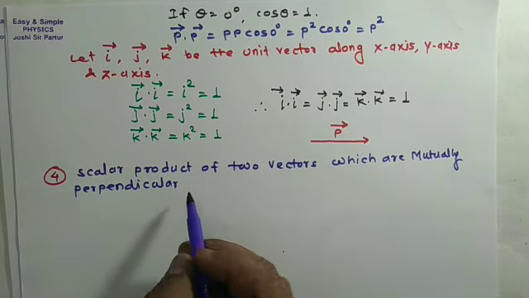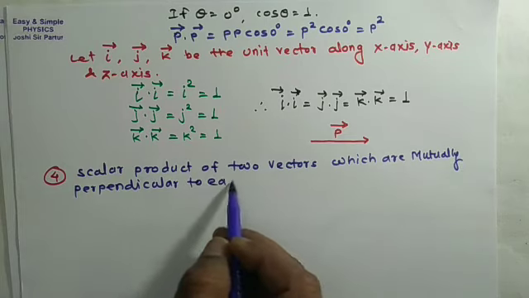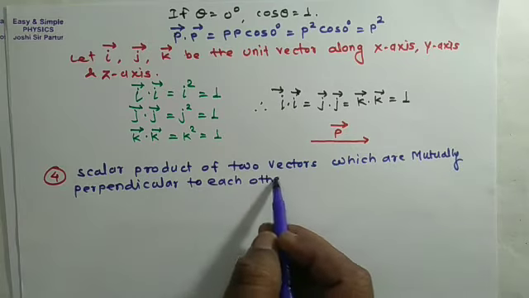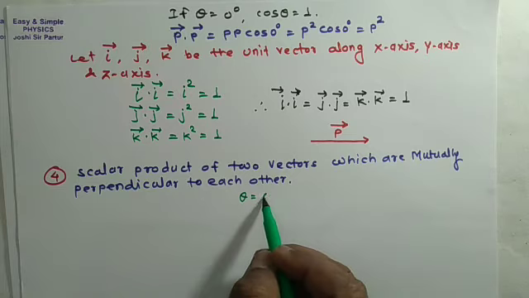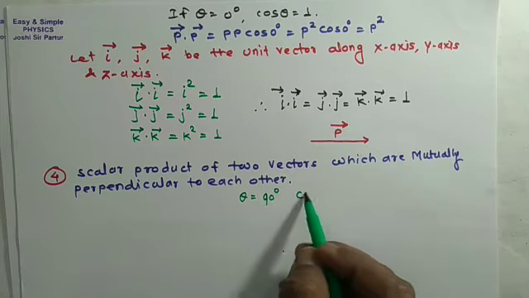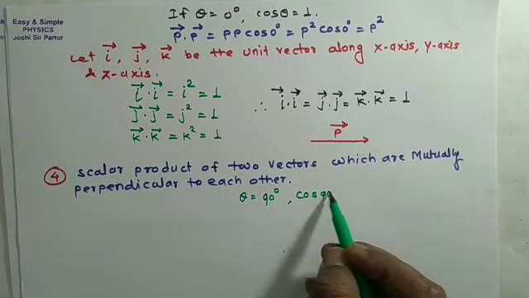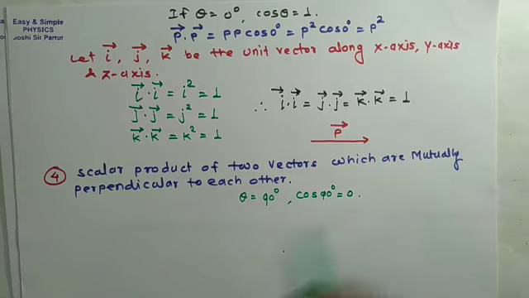Mutually perpendicular means theta is equal to 90 degrees, so cos 90 degrees becomes 0.